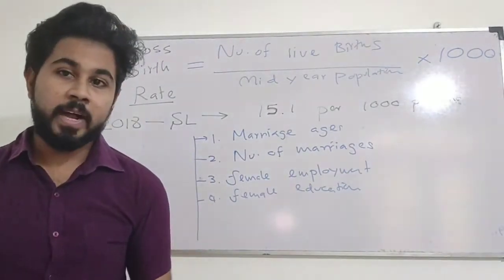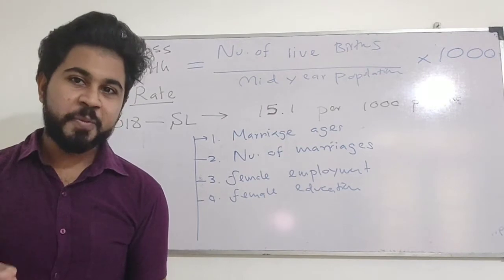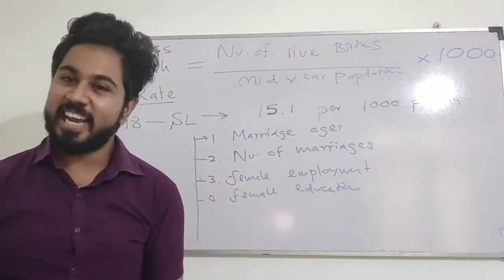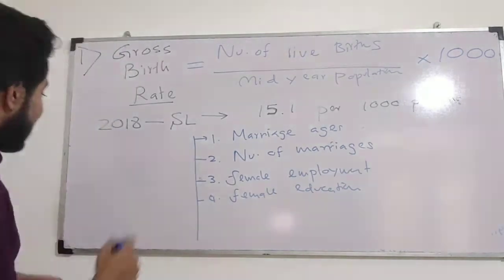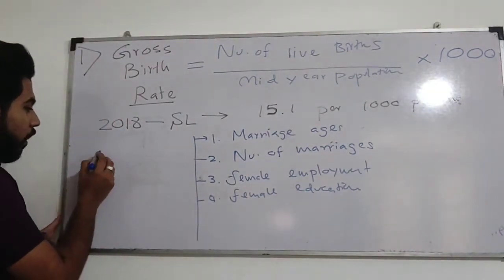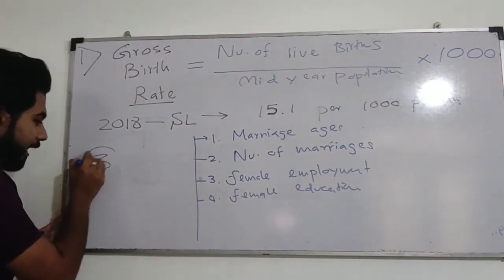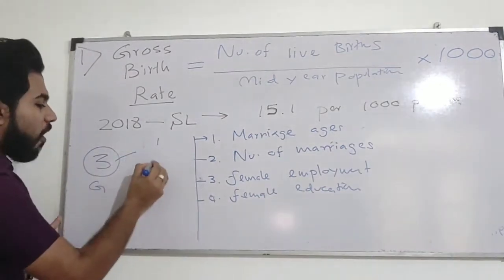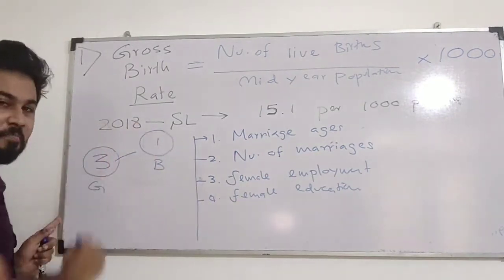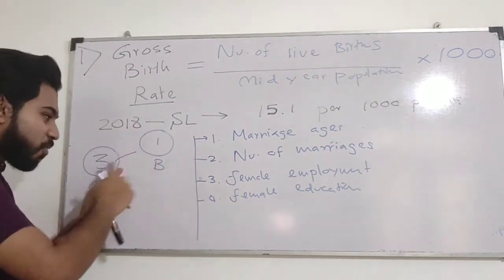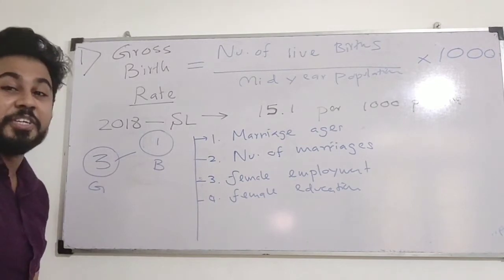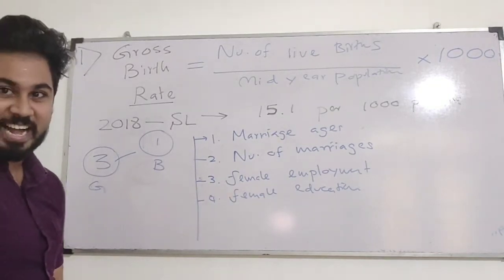Now, for an example, if you pay attention towards the management faculty of University of Sri Jayewardenepura in Sri Lanka, in management faculty, for every three girls, there's one boy. That's the ratio in the management faculty of the University of Sri Jayewardenepura, Sri Lanka.